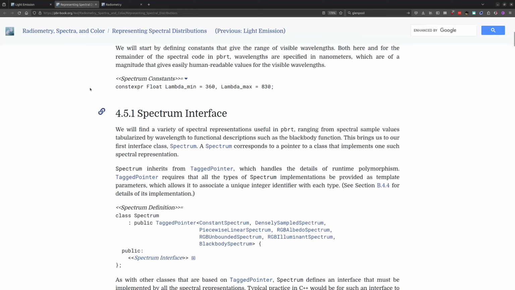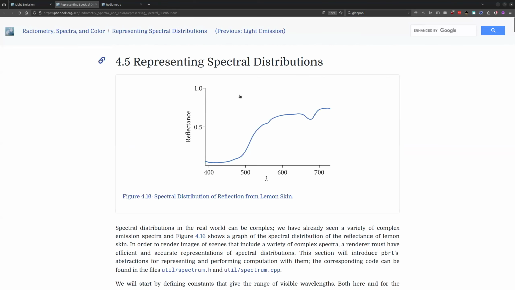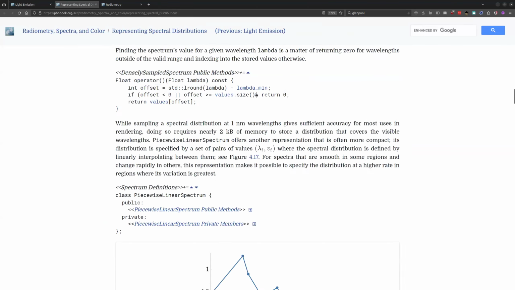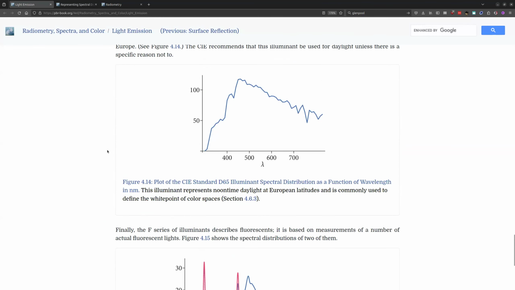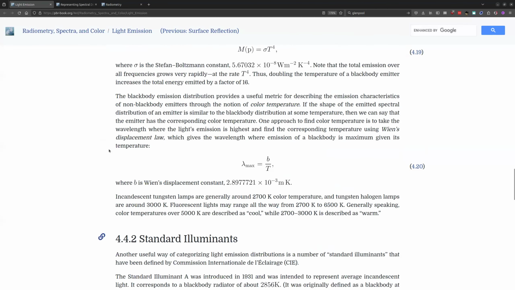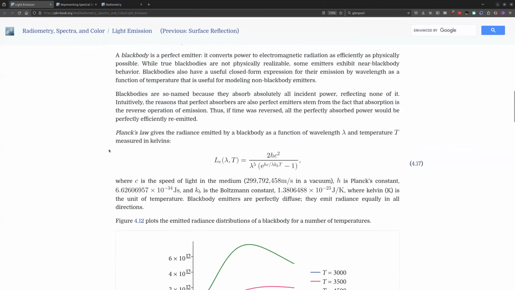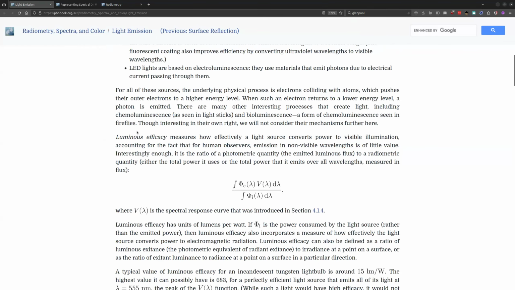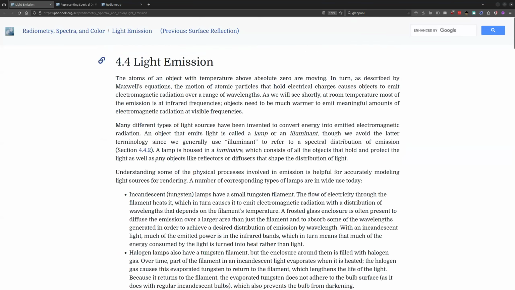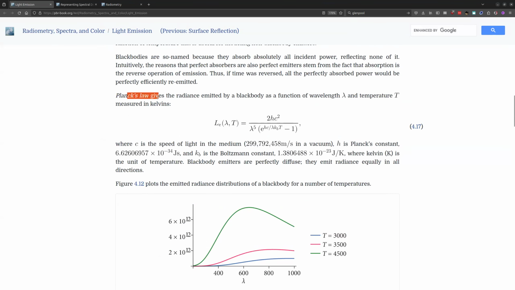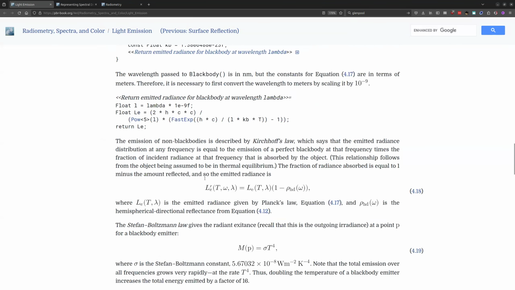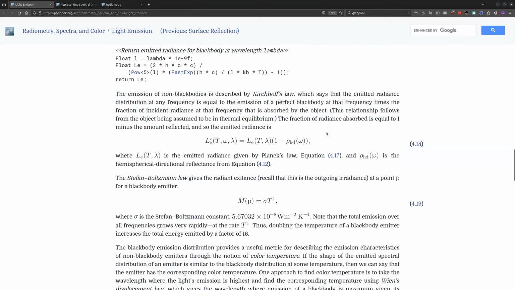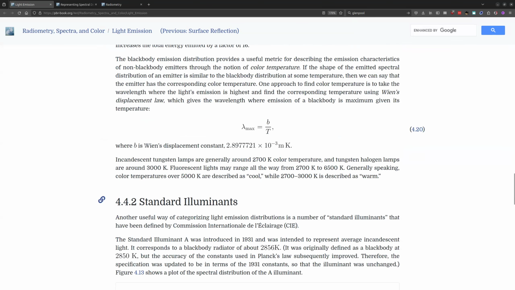Okay, yeah. Oh, this looks like a long chapter too. I want to say this chapter feels a bit light on the depth of content, but it is kind of just throwing things like Planck's law and this bad boy for the surface emission and Wien's displacement.